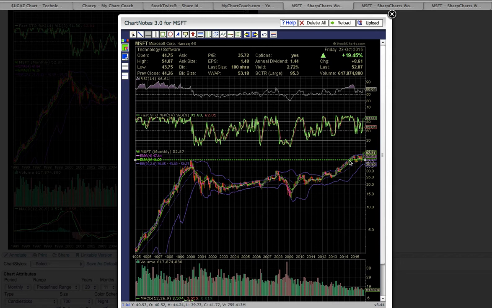Over the last couple of years, we've been turning this previous high into support, and now there's a breakout above this 48 level. So once again, the 48, 49 level is the level to hold on a pullback.